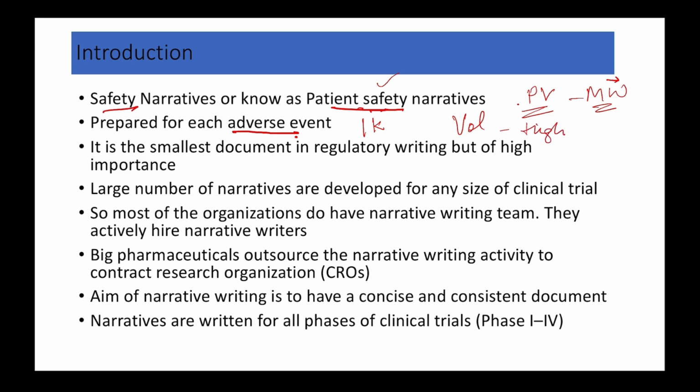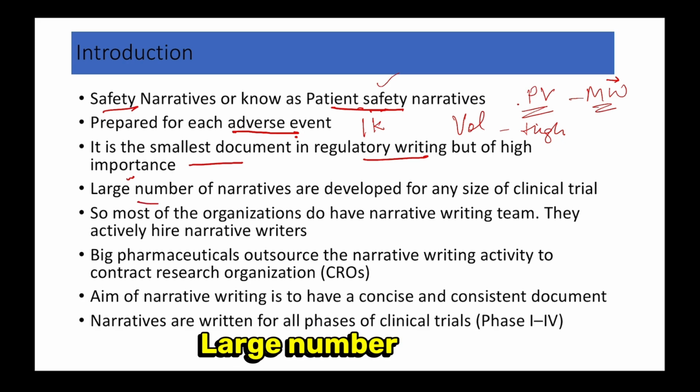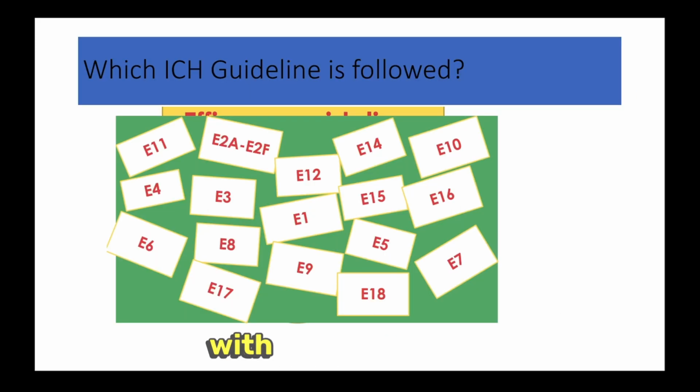This is the reason pharma and CROs have different teams for this. It is the smallest document in regulatory writing, but of very high importance. A large number of narratives are developed in any clinical trial, right? The big pharma companies outsource the work to CROs. Now, I wanted to share with you one thing.